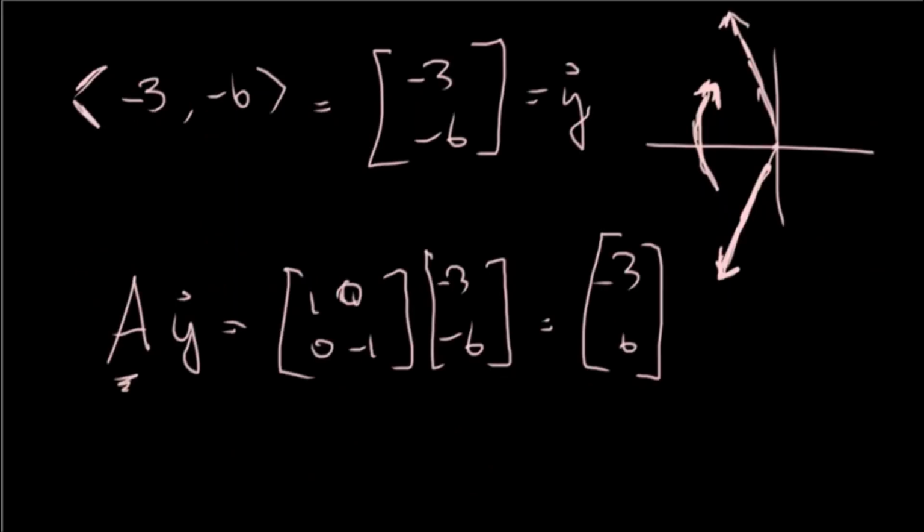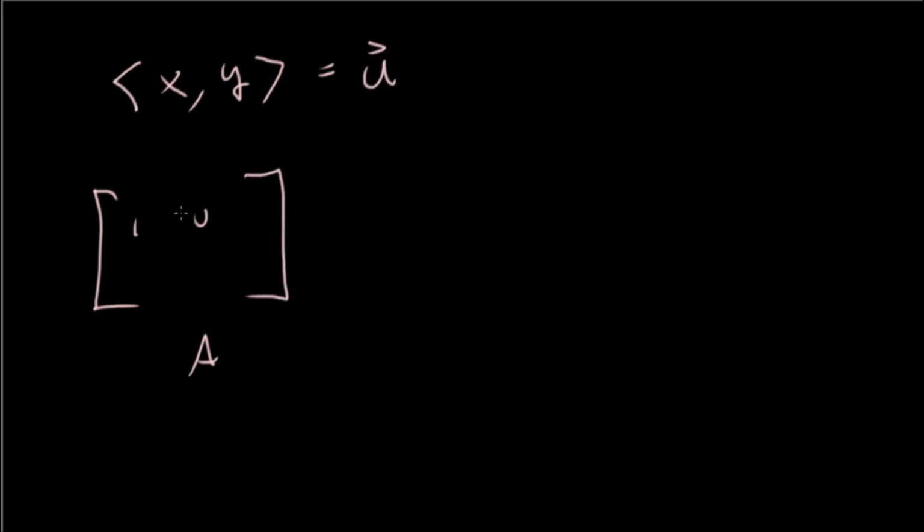I'm going to quickly do this in general. Let's take the general vector x, y, and find out what A times this vector is. Let's call this vector u. So A is 1, 0, 0, -1, and u is x, y.